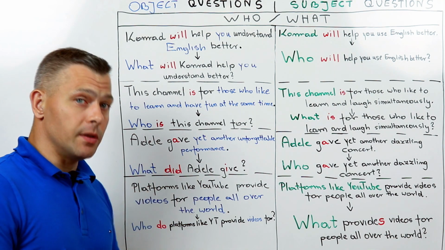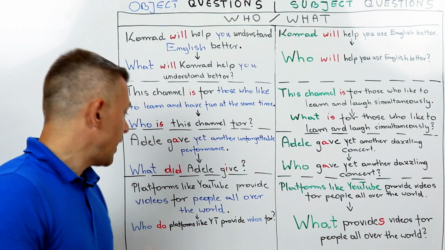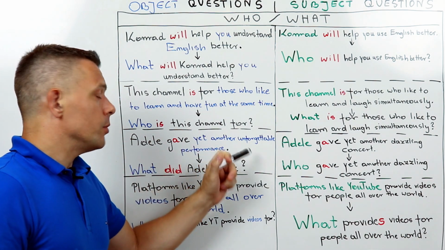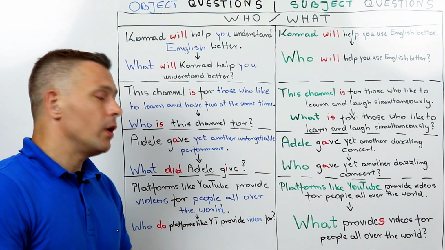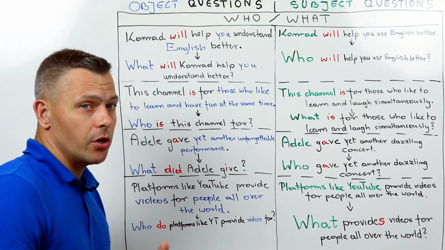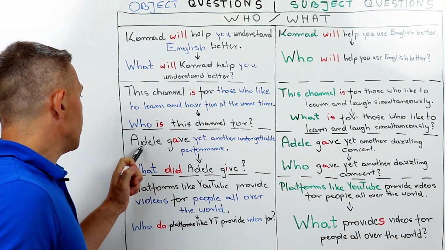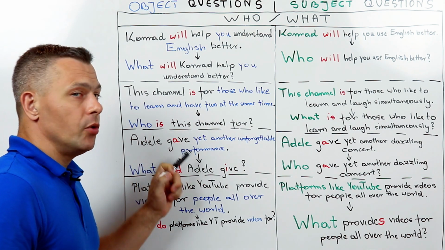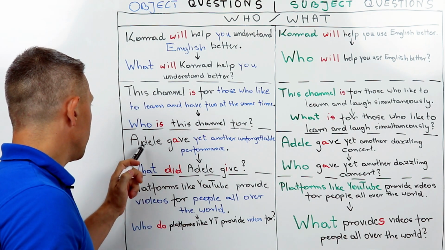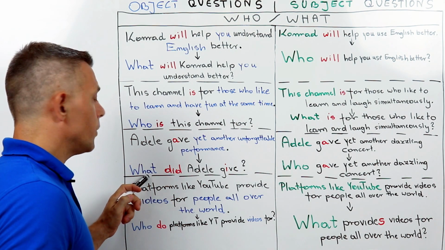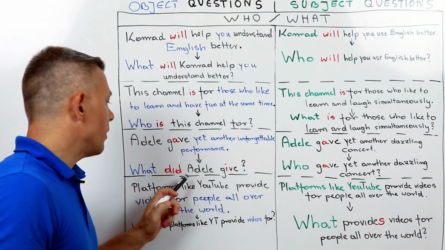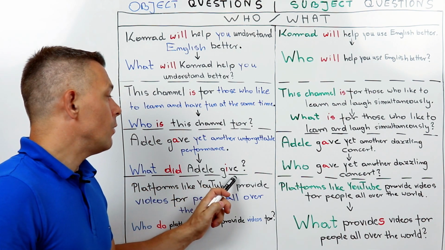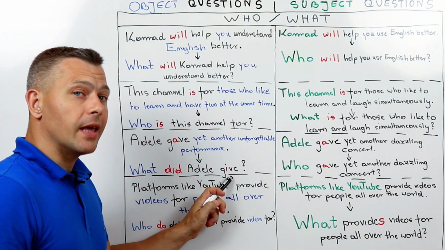We have gave, which is the past simple form of the verb give. We have to determine the object because, again, we don't know it, we haven't heard it, we misheard it. We decide on the WH question word. Adele gave what? What goes here? Then the auxiliary, then the subject, then we need the base verb form give.